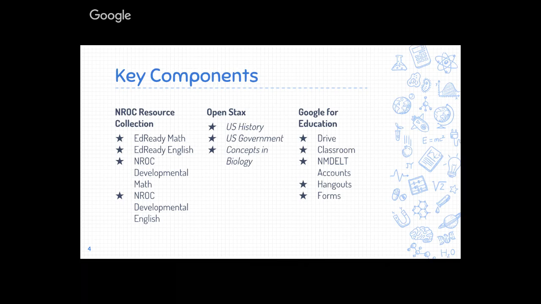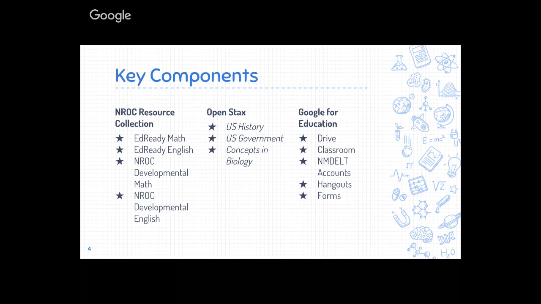intro classes in college. We knew that if we were going to cut out the social studies and science classes and focus on content area literacy, that we needed to have some content-rich nonfiction for our students to read and to practice developing their reading skills with. So we use the U.S. history textbook from OpenStax.